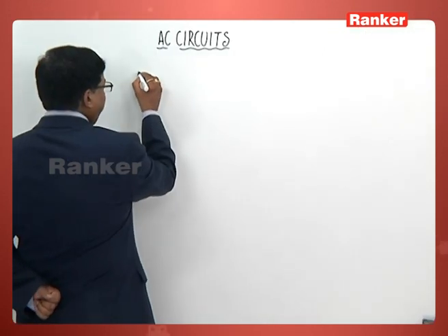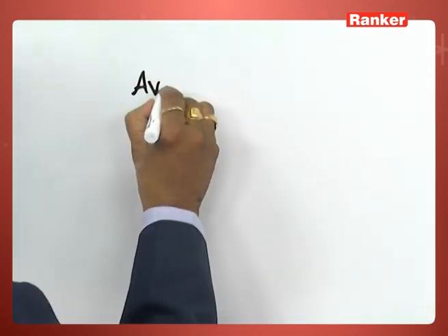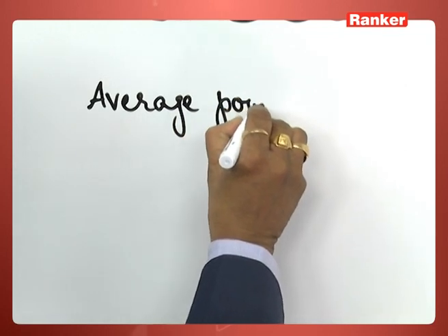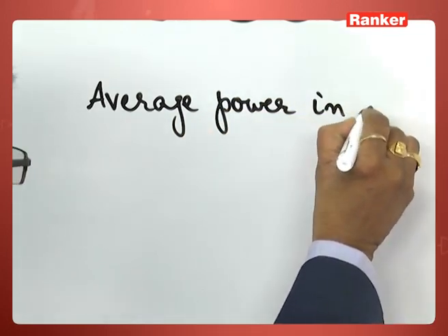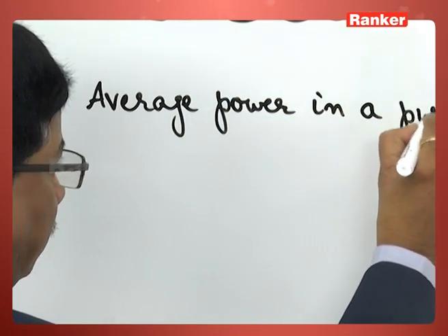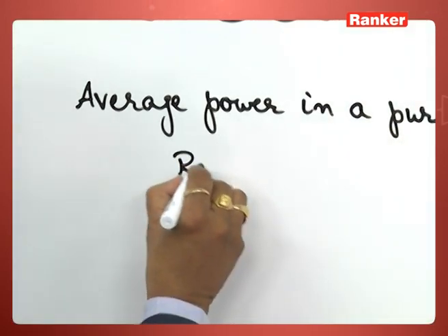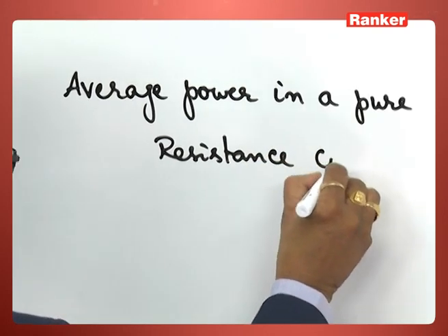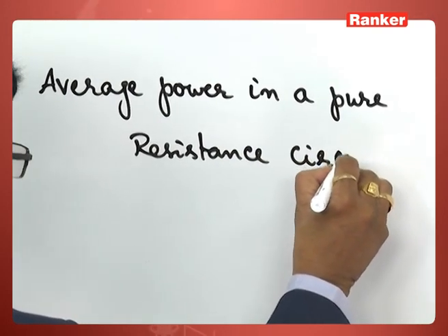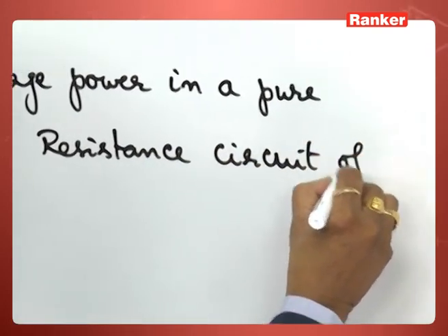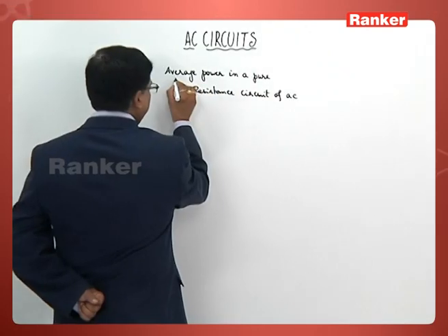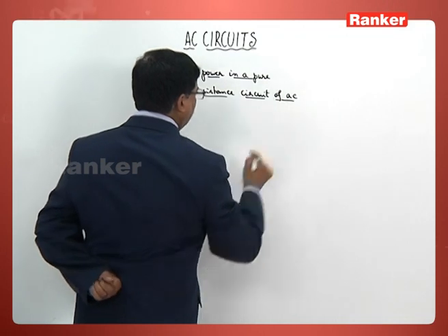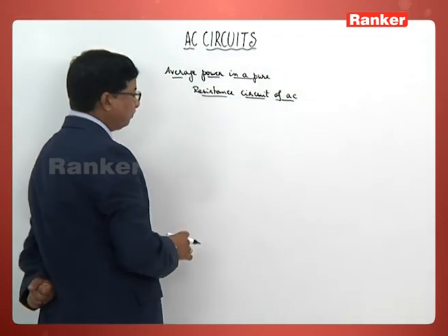Let us calculate the average power in a pure resistance circuit. In a pure resistance circuit of AC, what is this average power in the case of only a resistance circuit?